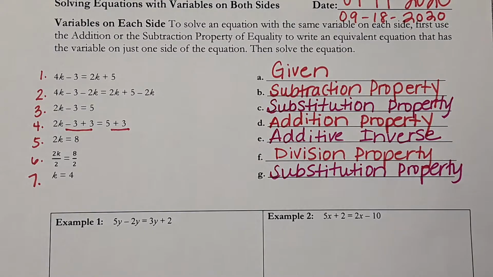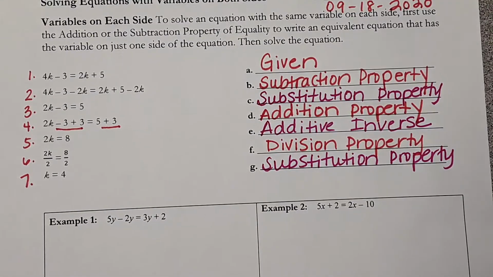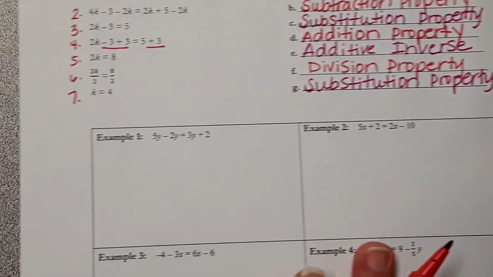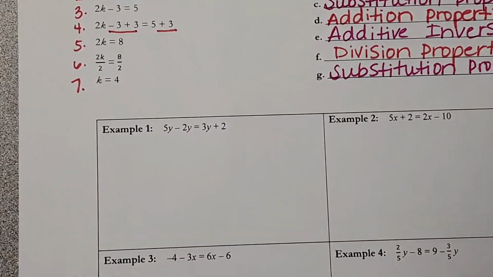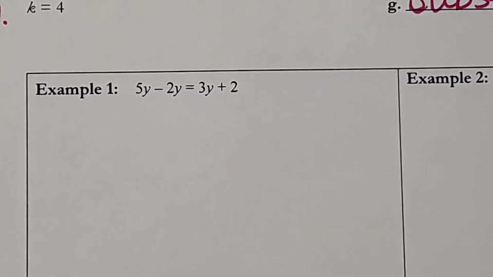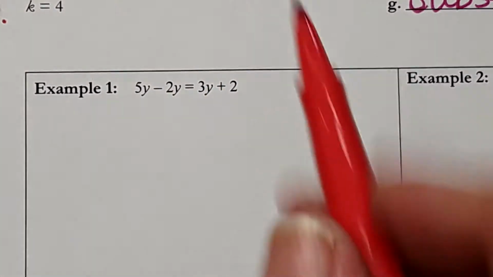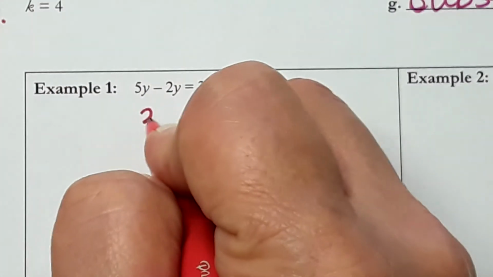Okay, so on example 1, the first thing that we should do is combine like terms on one side of the equal sign. So before you start moving stuff from one side to the other, you need to combine on that one side. So 5 minus 2 is 3.